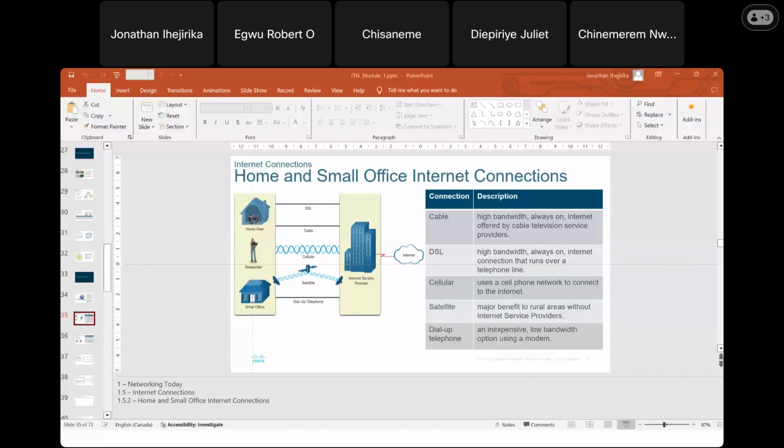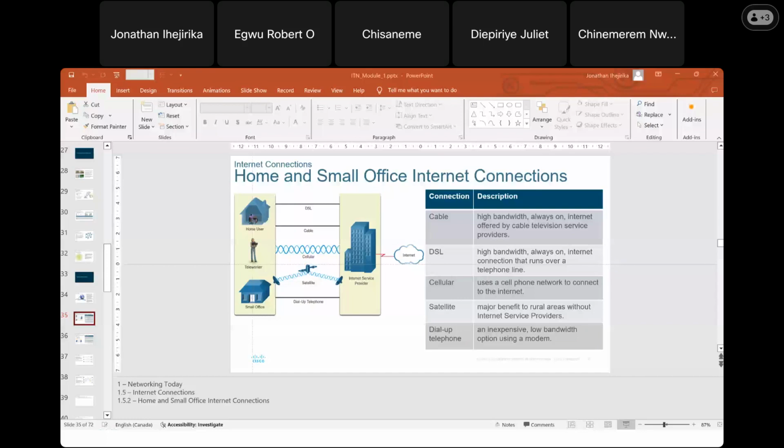The major benefit is for rural areas without internet service providers. That is where we have the popular DSTV. It uses satellite communication. Its dish is positioned to view the satellite using the line of sight principle to communicate.